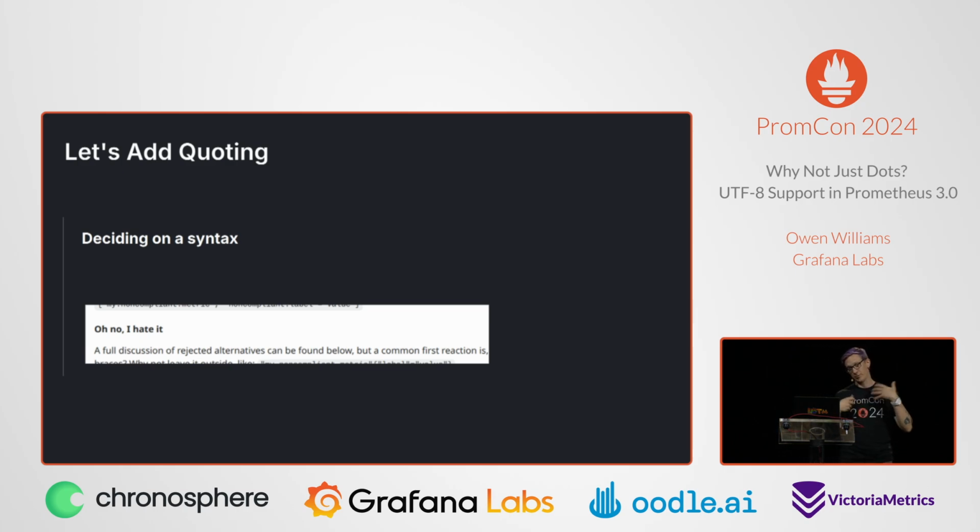How much extra verbosity is this going to include? If the syntax is too awkward to use, then people coming from OpenTelemetry are going to bounce off of it. It's going to be too difficult, and you might as well just convert things to underscores to make your life easier. So we want to have something that is workable and easy.